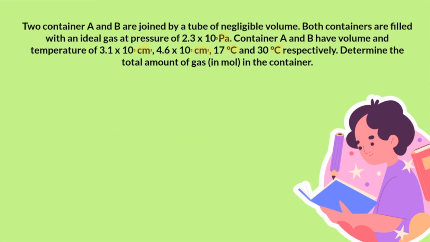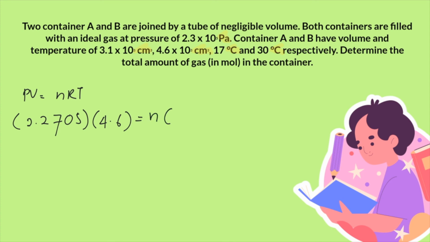Alright, moving on to container B. The same formula, PV equals nRT. The pressure is still the same, 2.2705. Your V is 4.6. n is the thing that you want to calculate. R is the constant value, 0.0821.